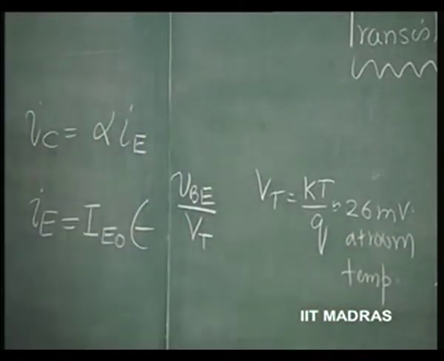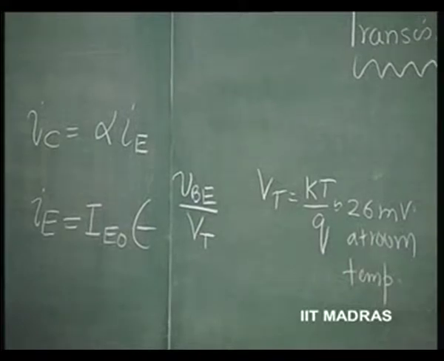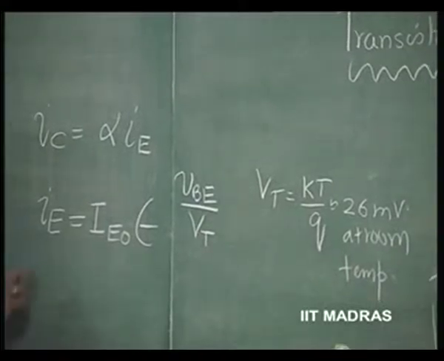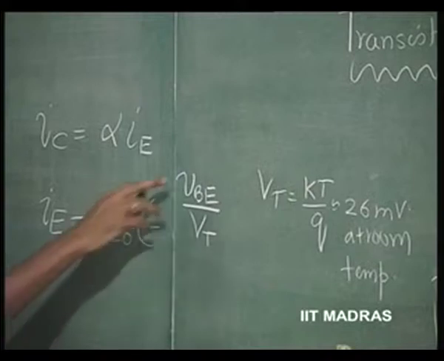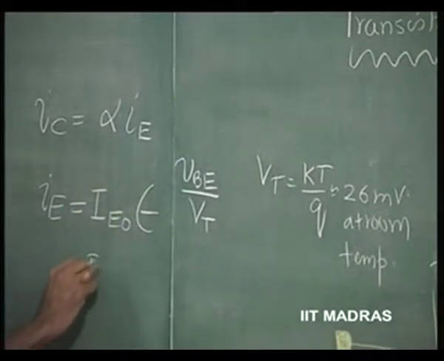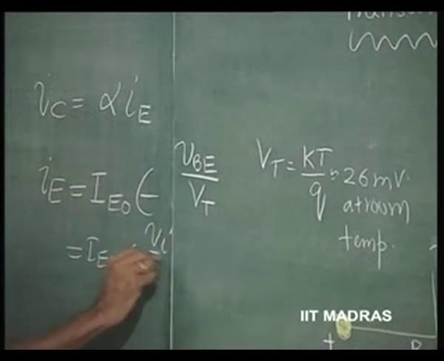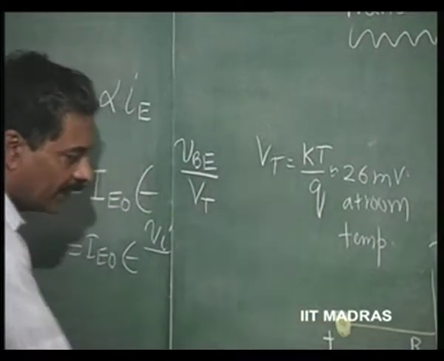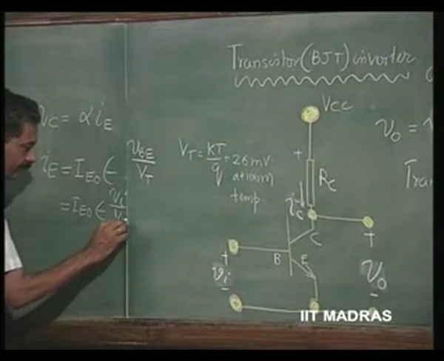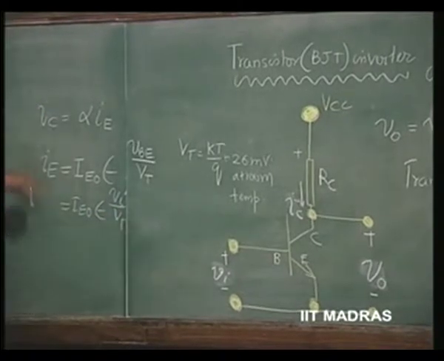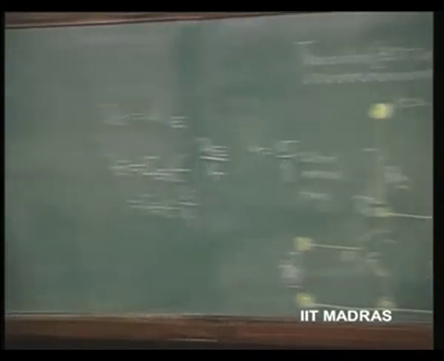We have already derived this relationship earlier. IE is equal to IE naught exponent VBE by VT, which is written as IE naught exponent VI in this case, because VBE is the same as VI at every instant of time.